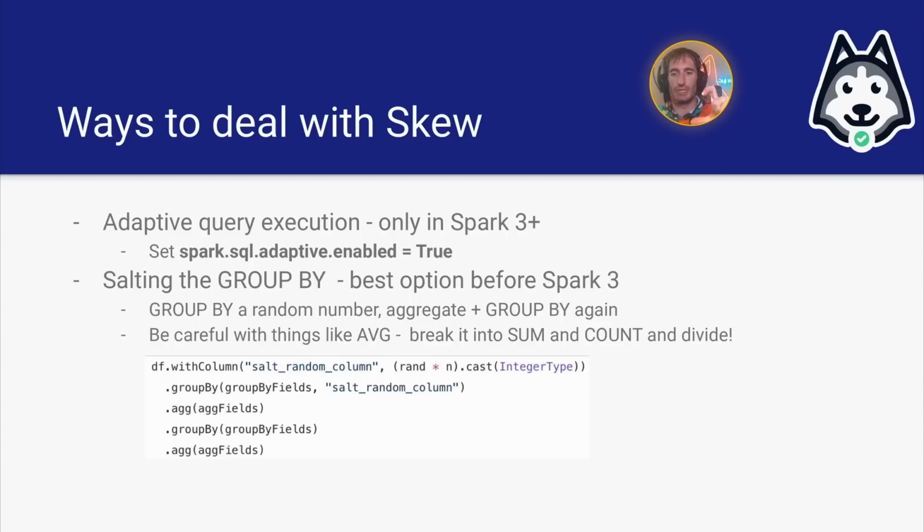You aggregate once, grouping by the random number, which gives you a partial aggregation, and all the skewed data will be small at that point because it's back down to whatever your group by grain is. Then you aggregate again, remove the random number, and sum everything up again. So you do two sums, and that will give you the same thing as you would get otherwise.